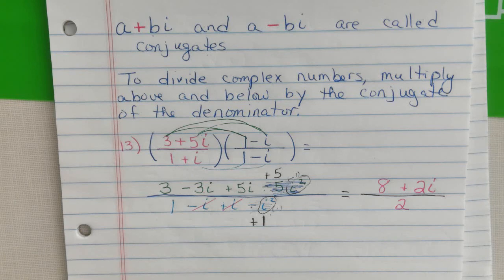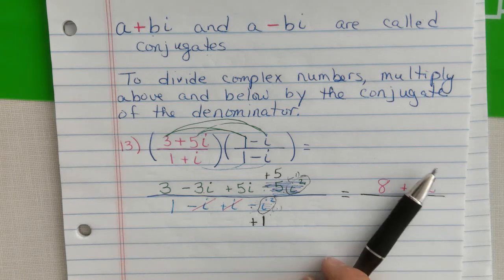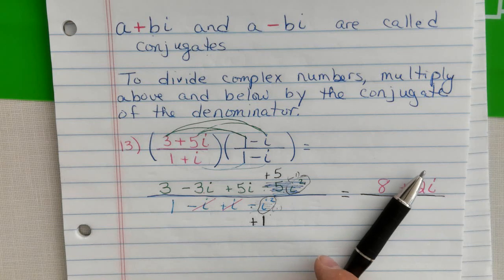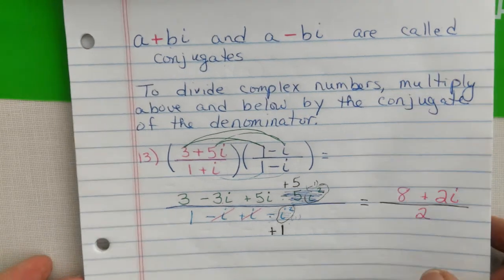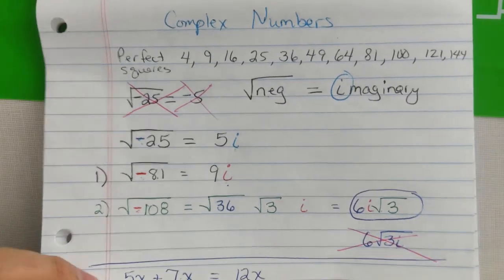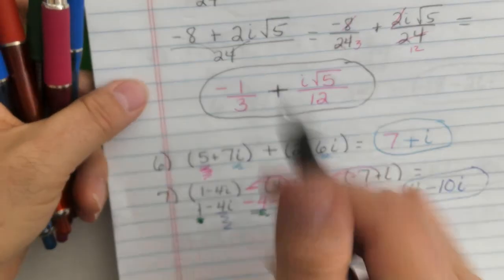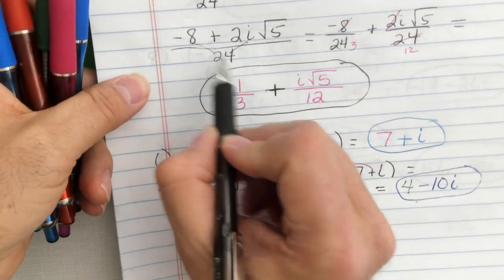Don't get carried away. Sometimes students will just cancel the 2 pink 2's and say 8 plus i. No. If there's just one number in the bottom, you have to separate it the way we did here on number 5.